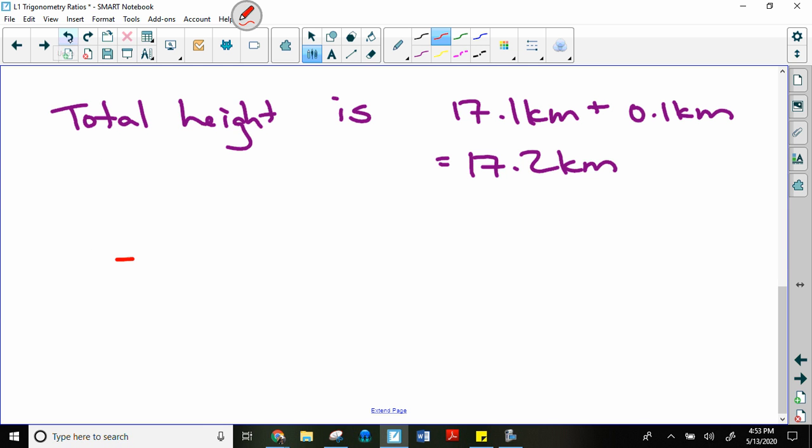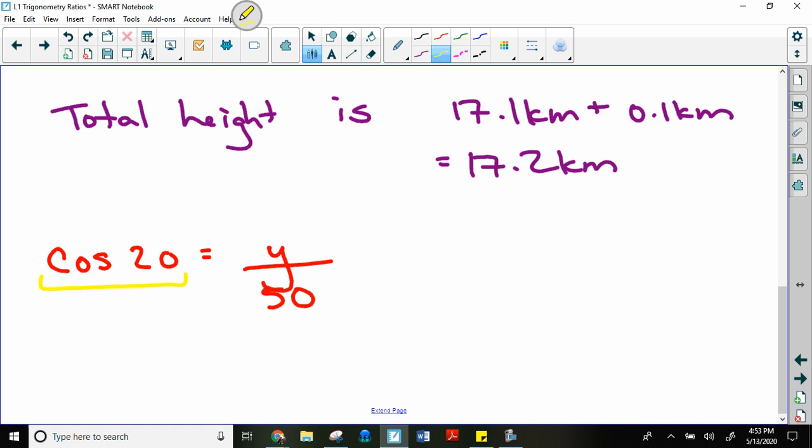Cos of the given angle is adjacent, which we don't know, over hypotenuse. Cos of 20 is 0.9397.